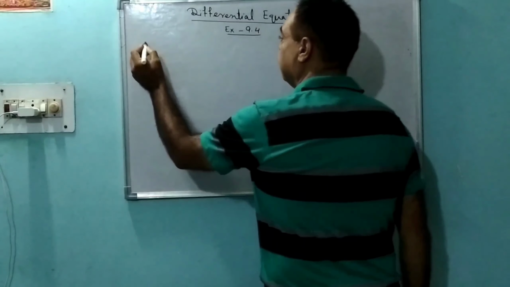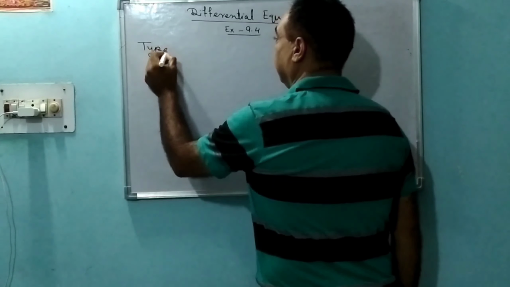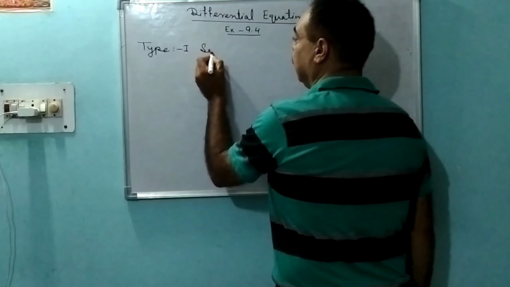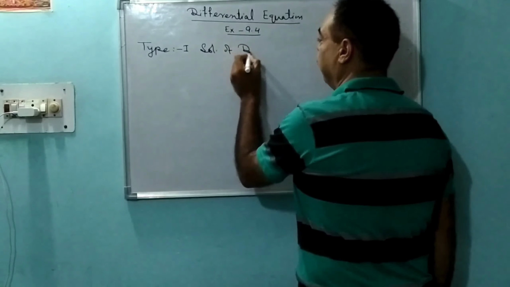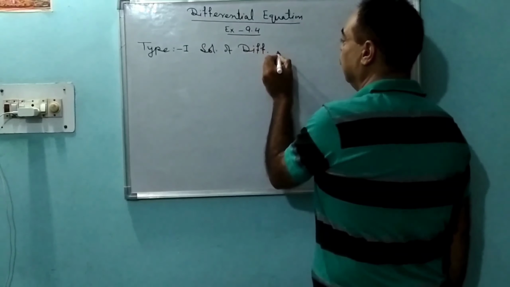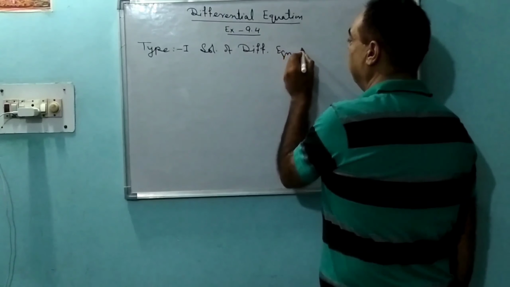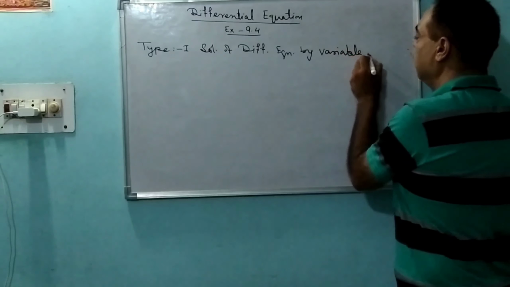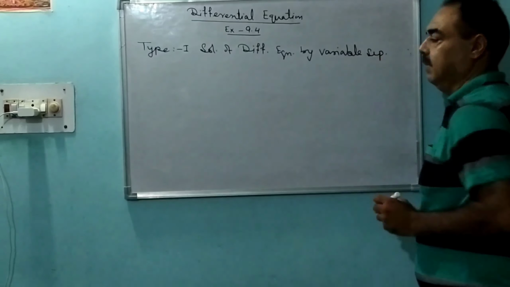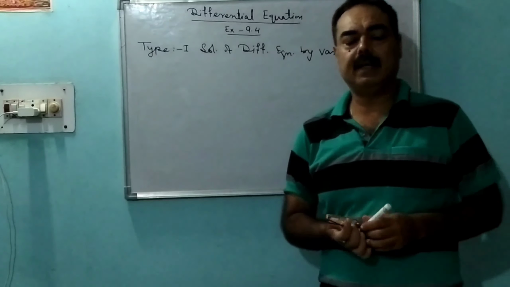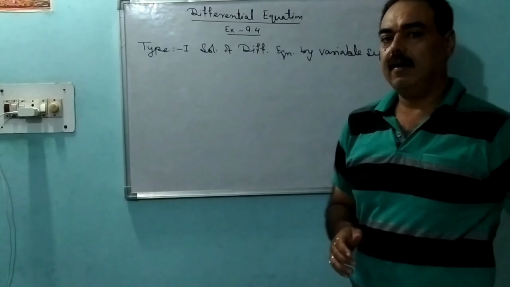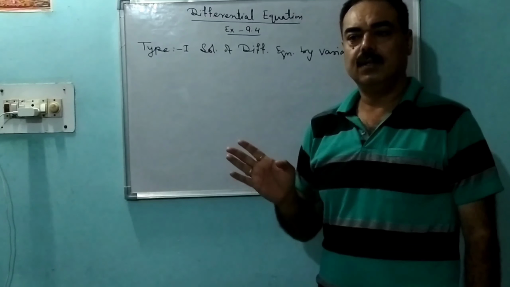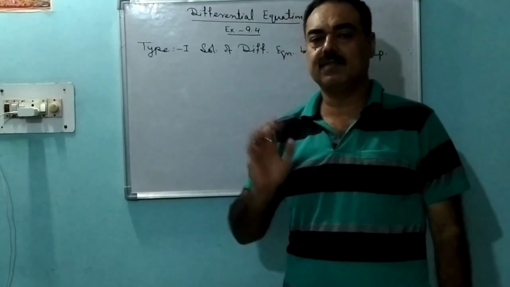So type 1 is solution of differential equation by variable separable method. Variable separable method means we will take particular variables to their respective sides.